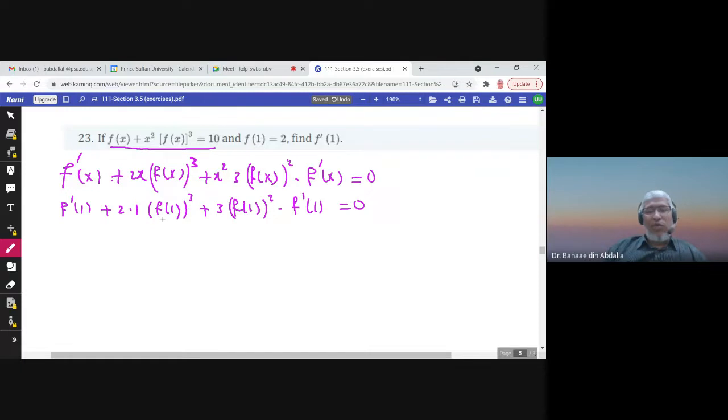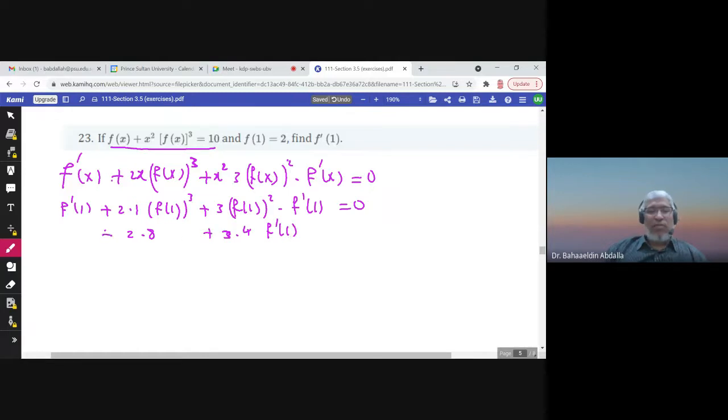Now, what is f of 1? f of 1 is 2. So here I have 2, 2 to the power 3 is 8, so this is 2 times 8. And here f of 1 is 2, 2 times 2 is 4. So 3 times 4 times f prime of 1.